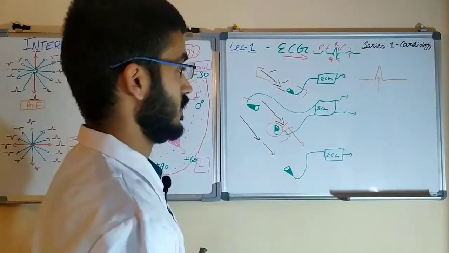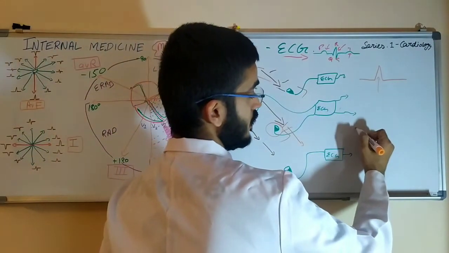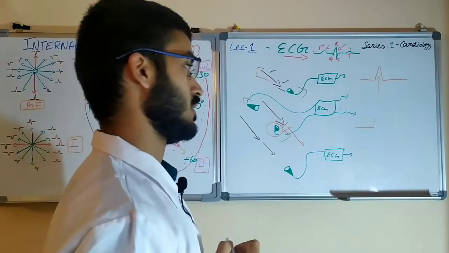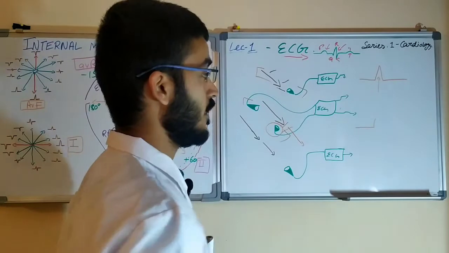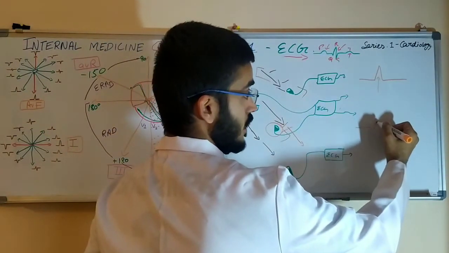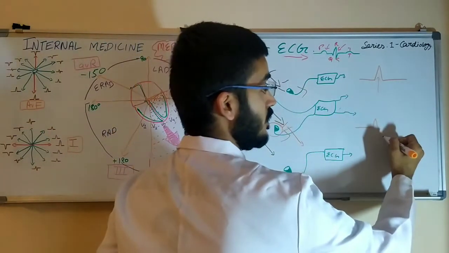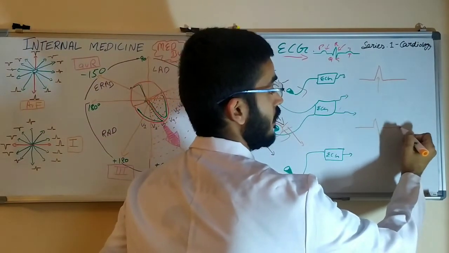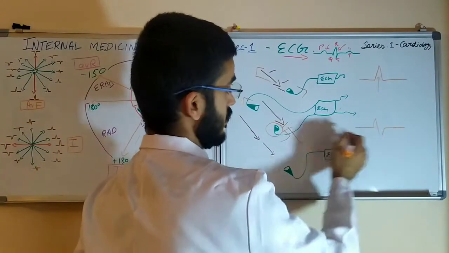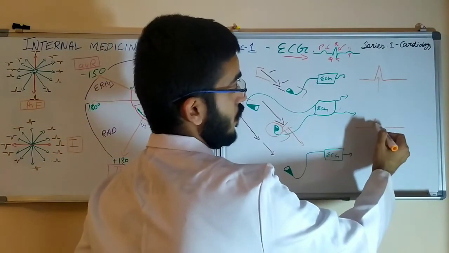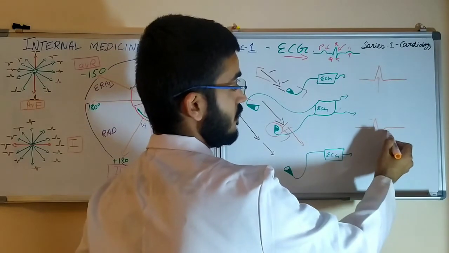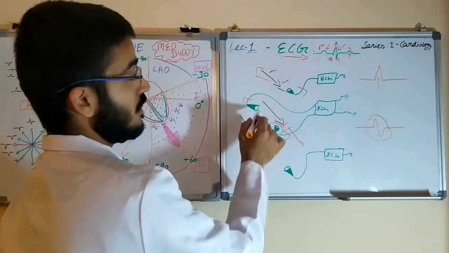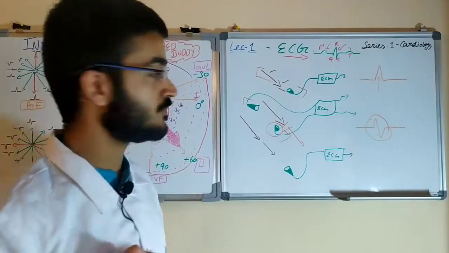How is it going to be presented? First, it is coming towards the lead, so it is presented like this, a positive wave. Then it is going away from the lead, so it comes like this, a negative wave. And the difference of the amplitudes is the final magnitude perceived by this lead.